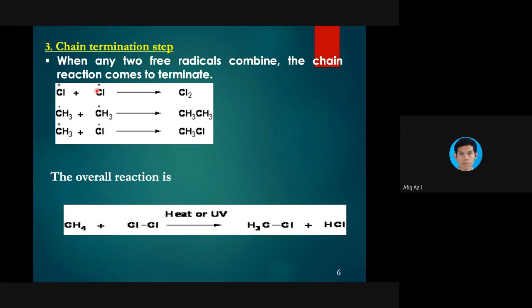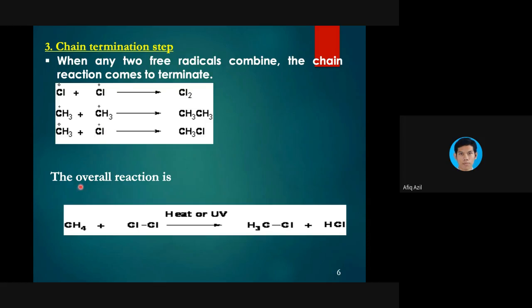So you have Cl free radicals combining to become Cl2, and then you have this carbon free radical with another carbon free radical combining to become another type of alkane, and the last one is the formation of the product itself, from the CH3 free radical and the Cl free radical.